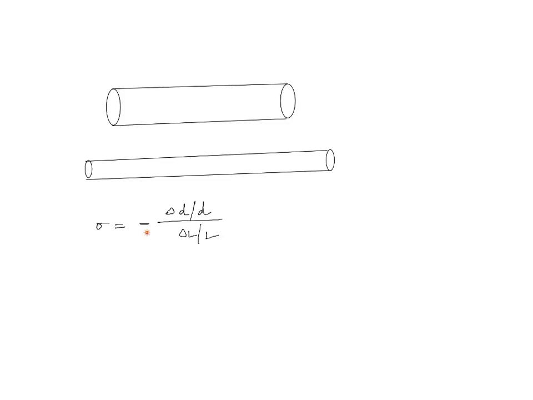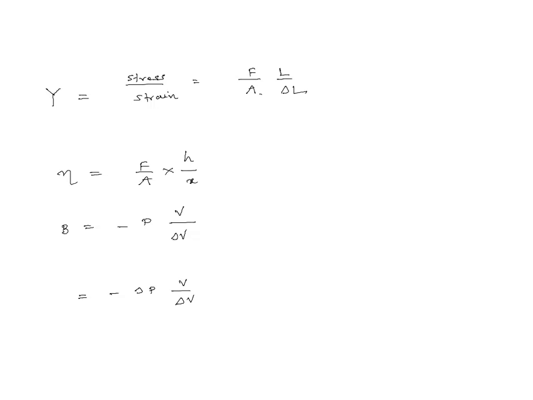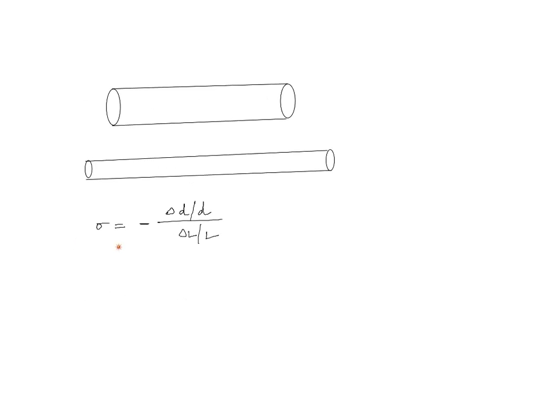And just like different materials have different Y, different materials have different eta and different B. They also have different sigma, Poisson's ratio. Sigma, of course, will have no unit.